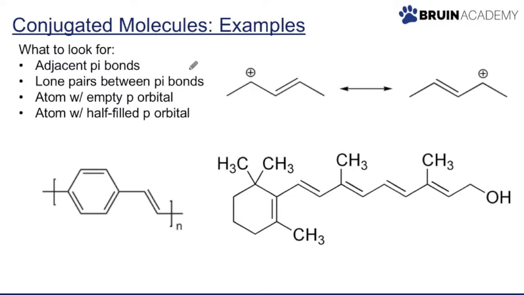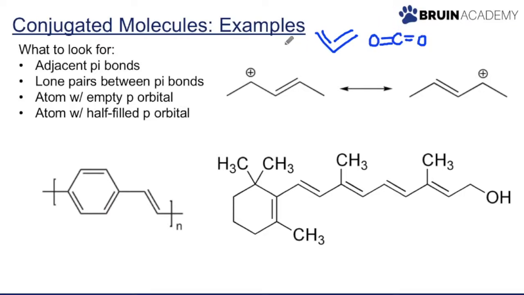So let's talk about what to look for when we are trying to see whether or not a molecule is conjugated. So I like to look for adjacent pi bonds, and I don't really mean something that looks like this, although that could be the case, especially if you have something like carbon dioxide, for example.